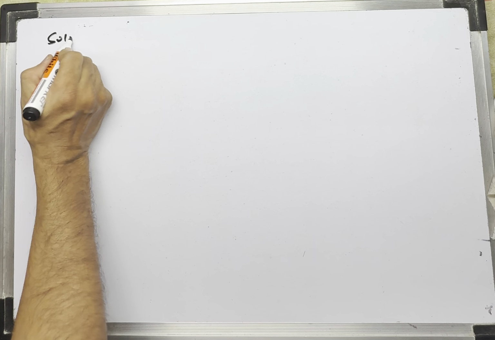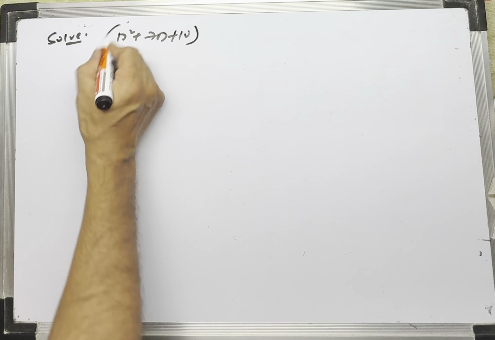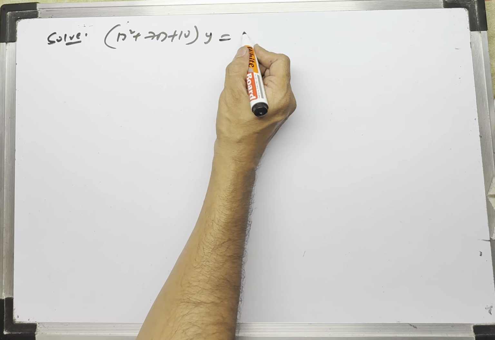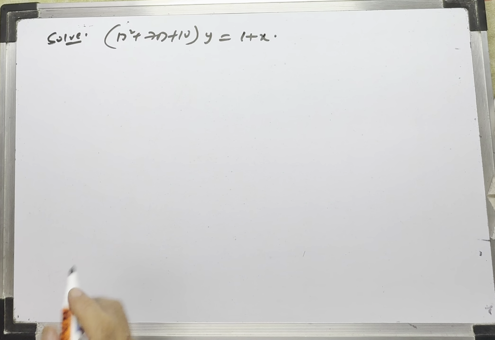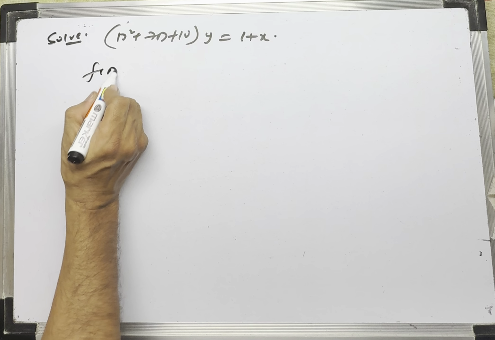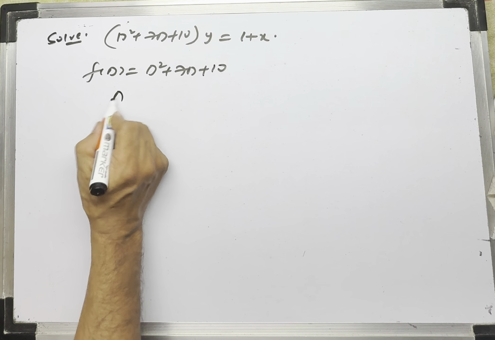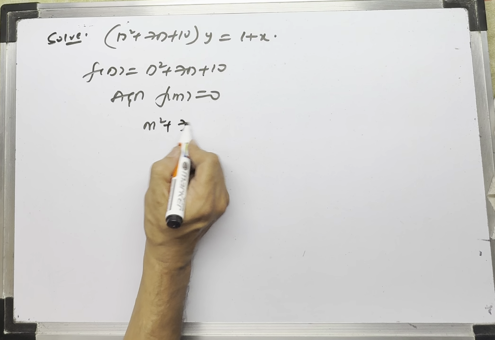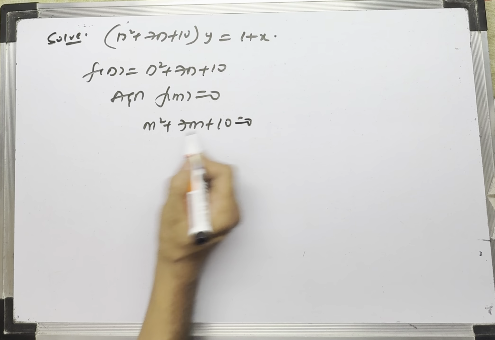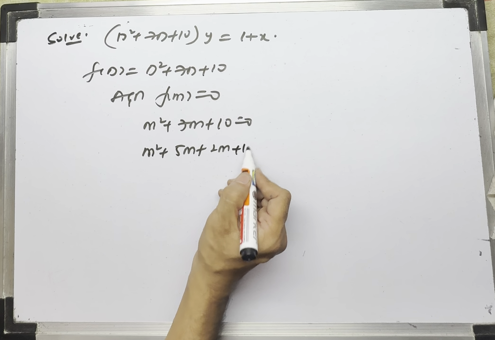One more you can check. F of D equals D square plus 7D plus 10. The auxiliary equation is f of m equals 0: m square plus 7m plus 10 equals 0. 5 times 2 is 10, so m square plus 5m plus 2m plus 10 equals 0.